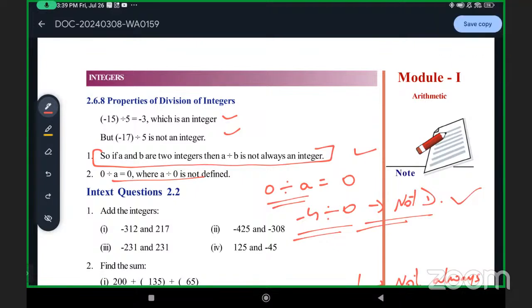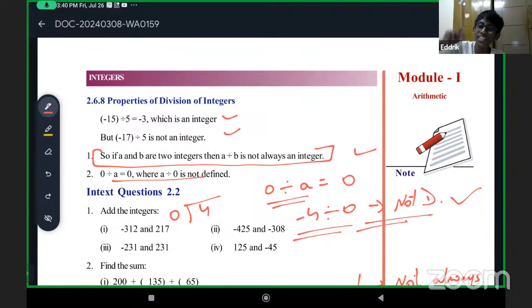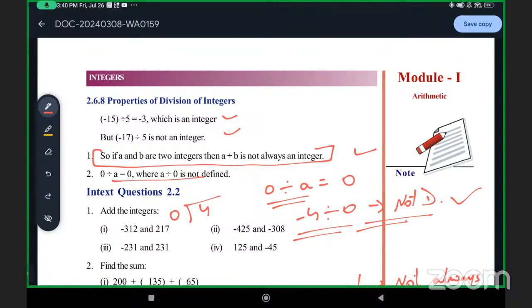Because 0 doesn't have a value, so you cannot divide it with 0. Like, what's the table of 0? 0 ones are 0, 0 twos are 0, 0 threes are 0, 0 fours are 0. Everything is totally 0 only, so we cannot divide a number with 0 exactly. So that is why it is not defined.